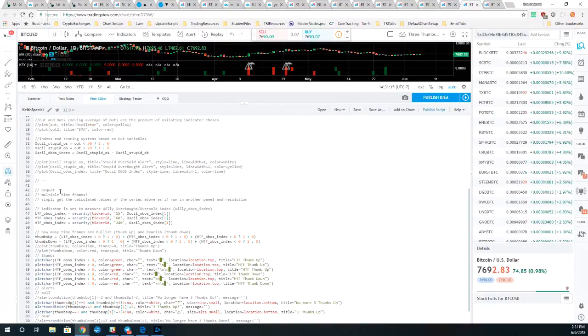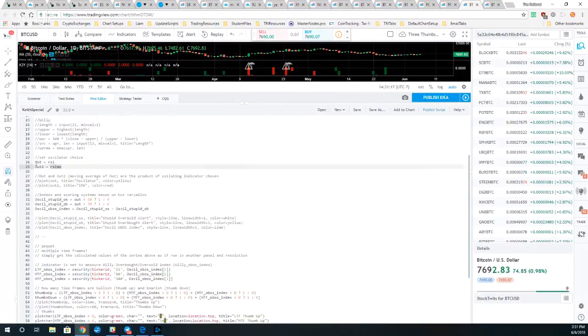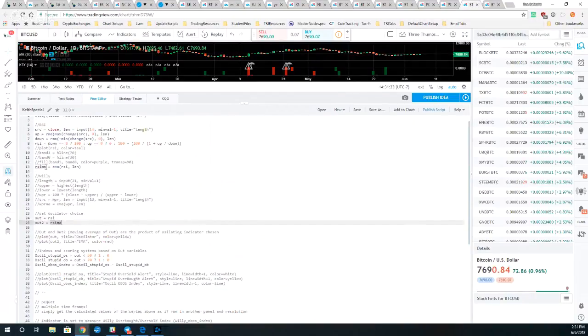Because we are using, in this particular case, RSI out, and out 2 is the moving average for RSI. So our RSI moving average here. And the length that we have off of this looks like a 14 period. Out to RSI-MA.